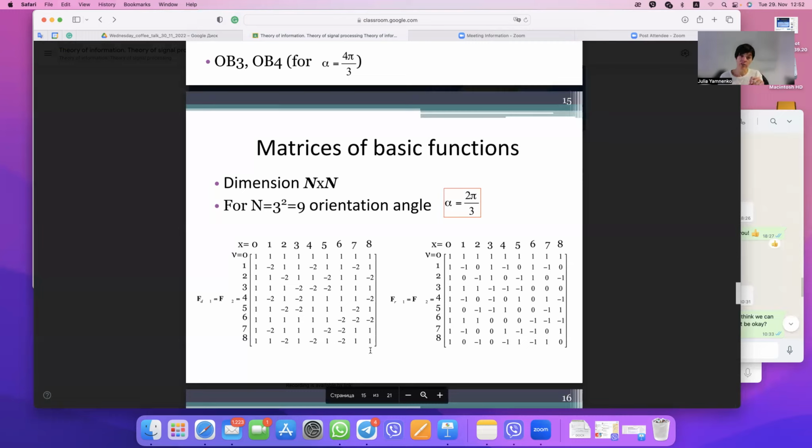Both of them are symmetrical, so if you compare the values above the main diagonal and below the main diagonal, you will see that they are placed symmetrically. So these are 2 matrices for the first angle, 2π over 3.